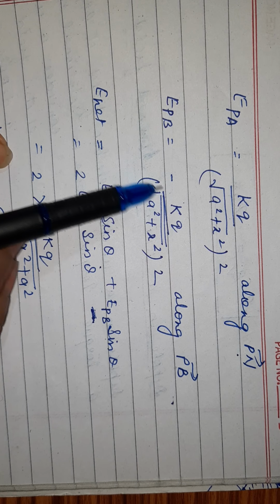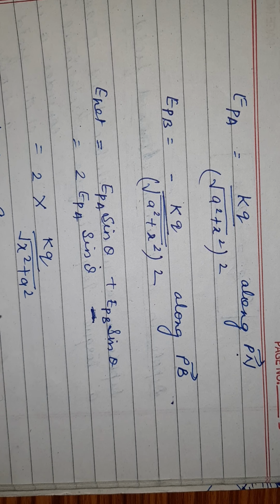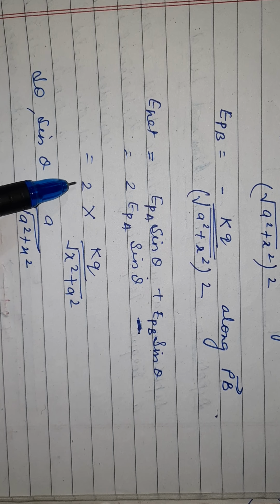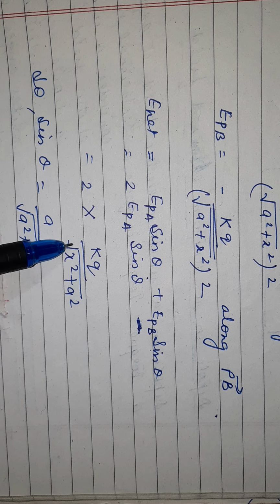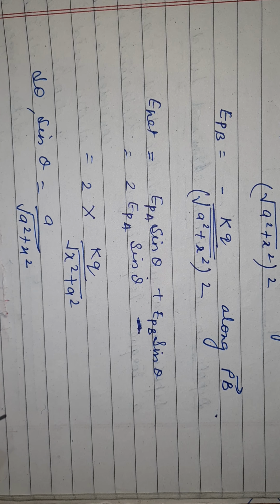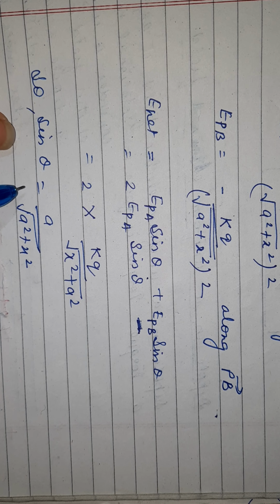If we take only the magnitude, while taking the modulus, we omit the negative sign. So it is 2 into kq upon root over of x square plus a square. Okay. So what is sin theta?